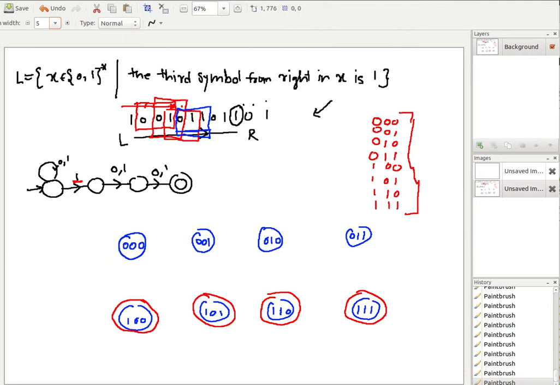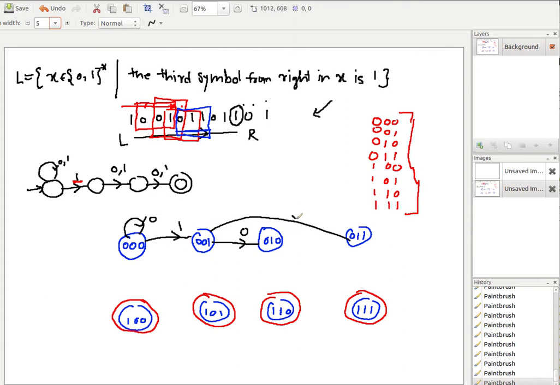So if I have to design the transitions, 000, if you see a 1, where do you go? I think that is trivial. At 0 you remain at the same place. I don't have to really ask, I think this is trivial. 001 at 0, again this is trivial. At 1 where do you go?